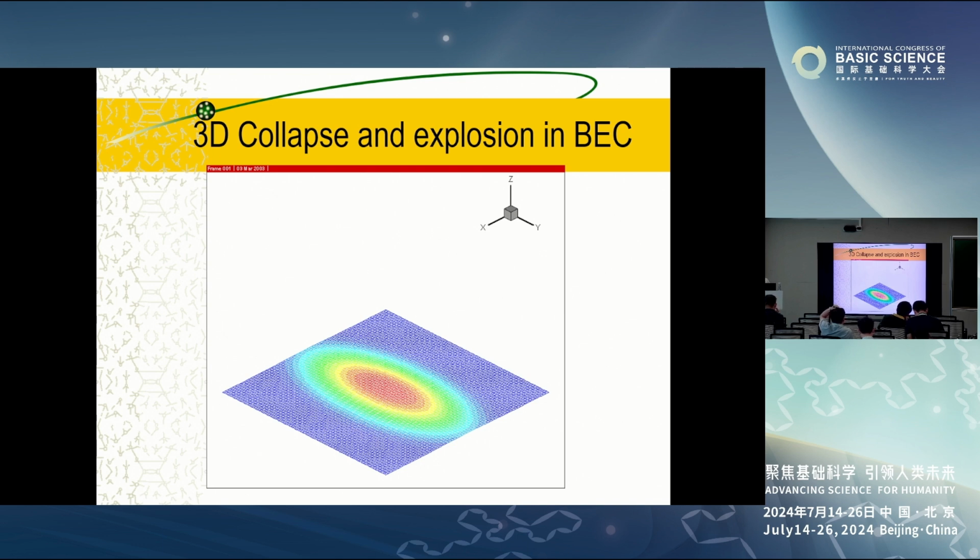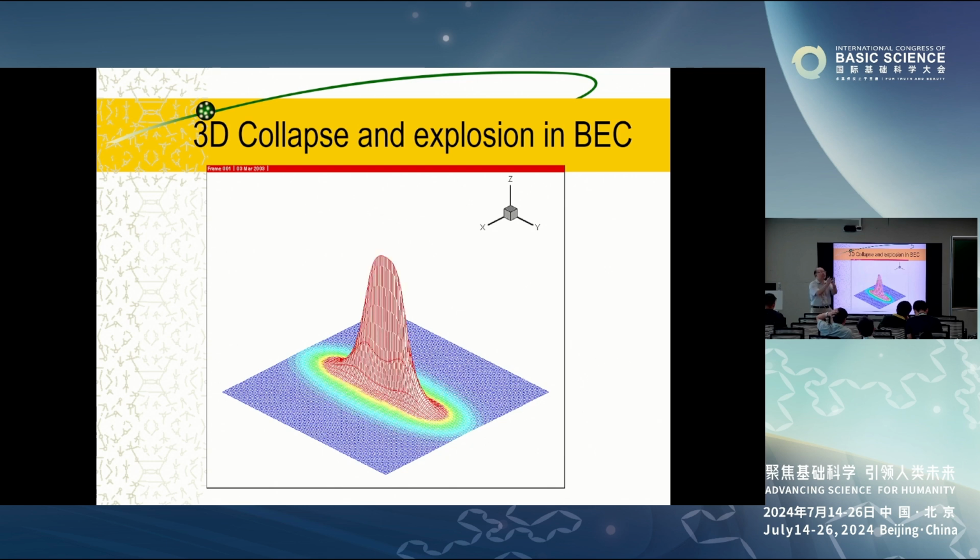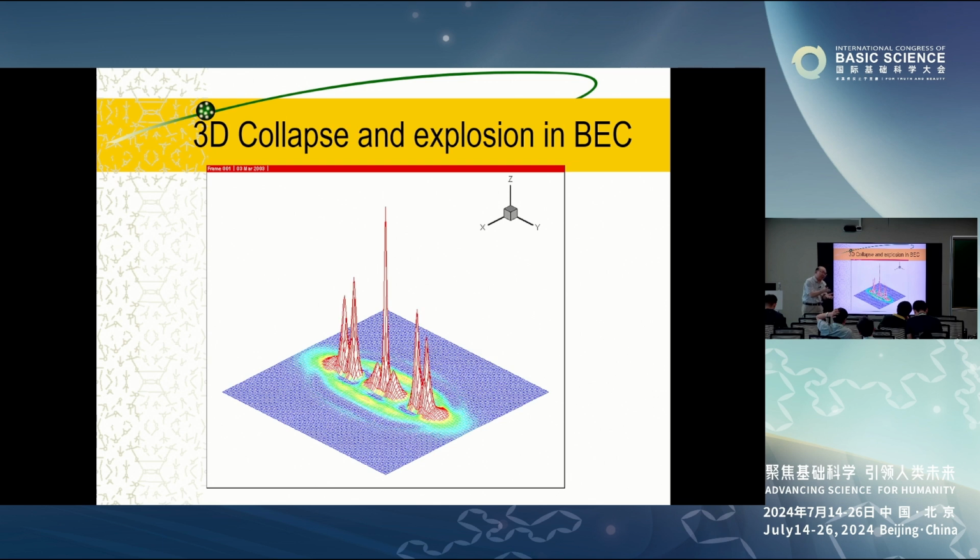Since my interaction is attractive, you can see the particles go to the center. Due to the attractive interaction, the particles go to the center and the density will explode. Then when the density is too high, the damping term, which is |psi|^4 times psi, takes over, and they collapse.